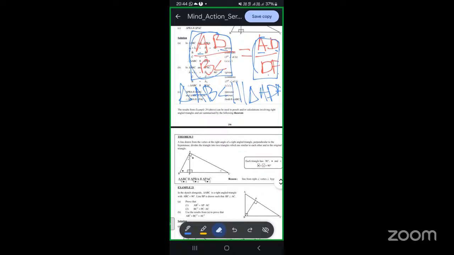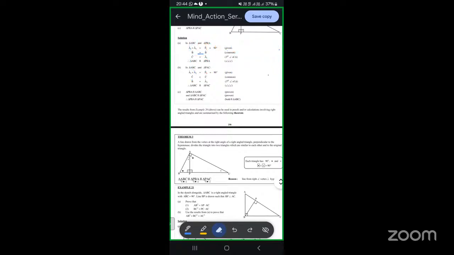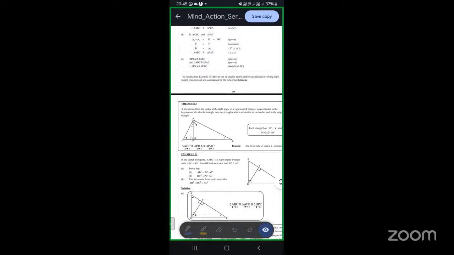You can come to the conclusion now that AB over AD is equal to BC over DF. They are all equal to AC over AF. Then your reasoning is going to be similar triangles after you have proved that those triangles are similar. Okay. If that makes sense to you guys, then let's go to this example 21 here that we were using.